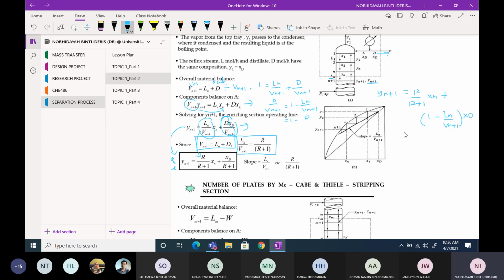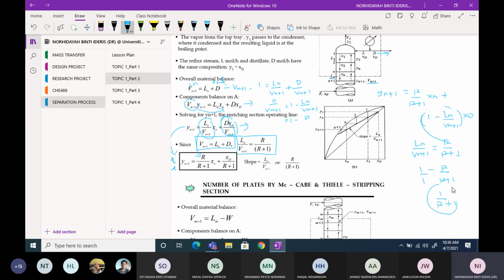You know that Ln over Vn plus 1 is equal to R over R plus 1. So this whole term is 1 minus R over R plus 1, so this one is 1 over 1. If you make an arrangement, eventually you will get 1 over R plus 1.